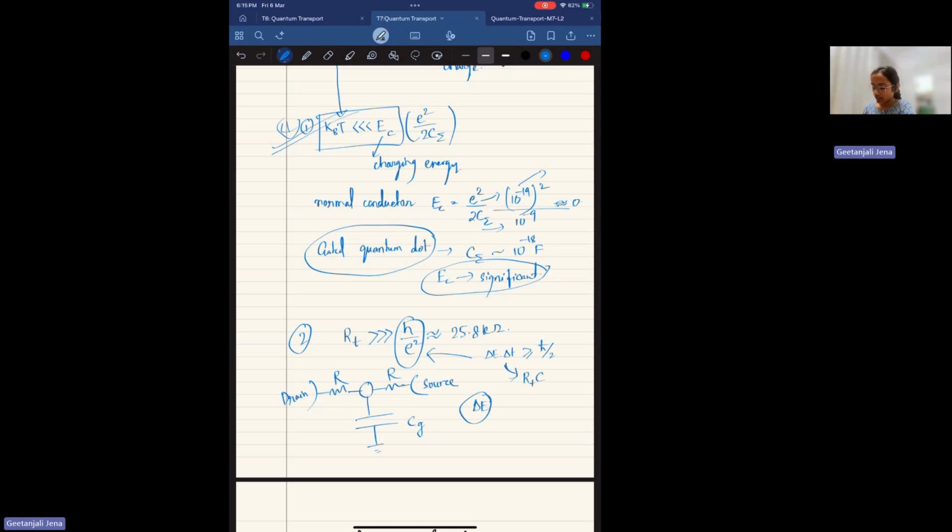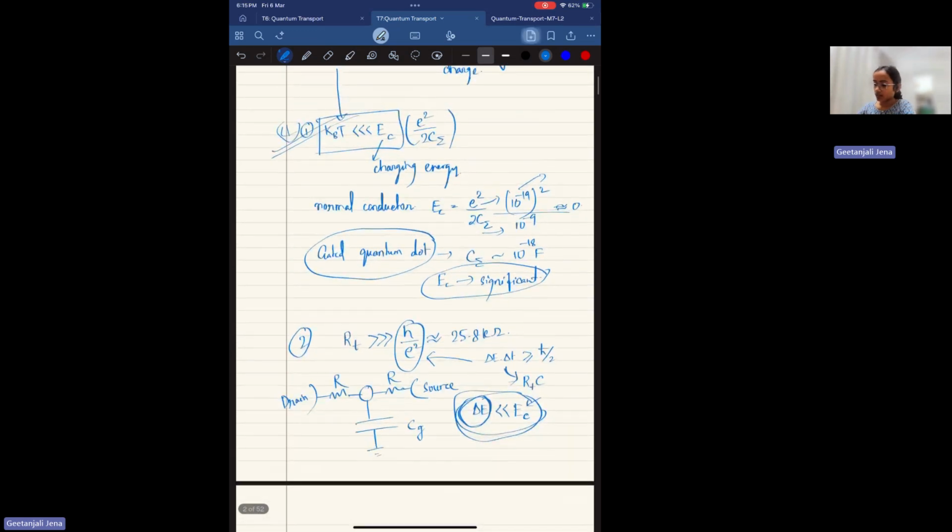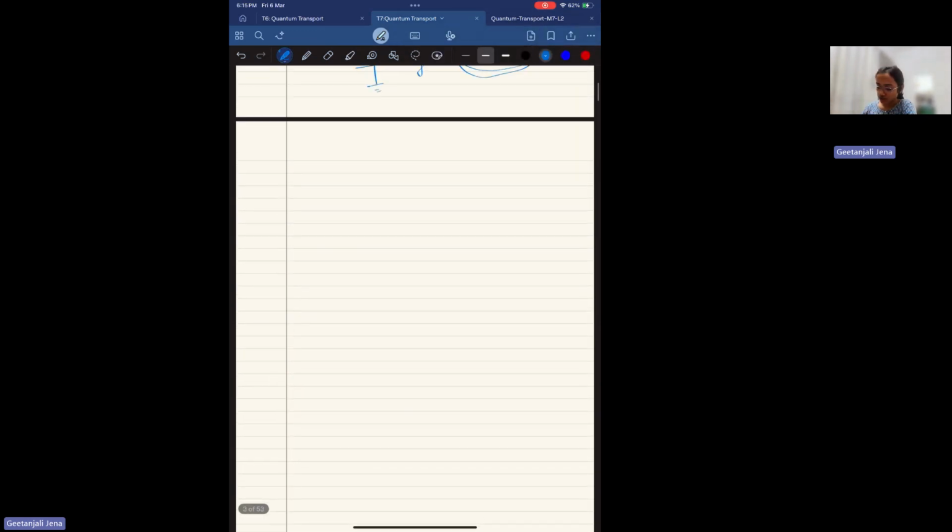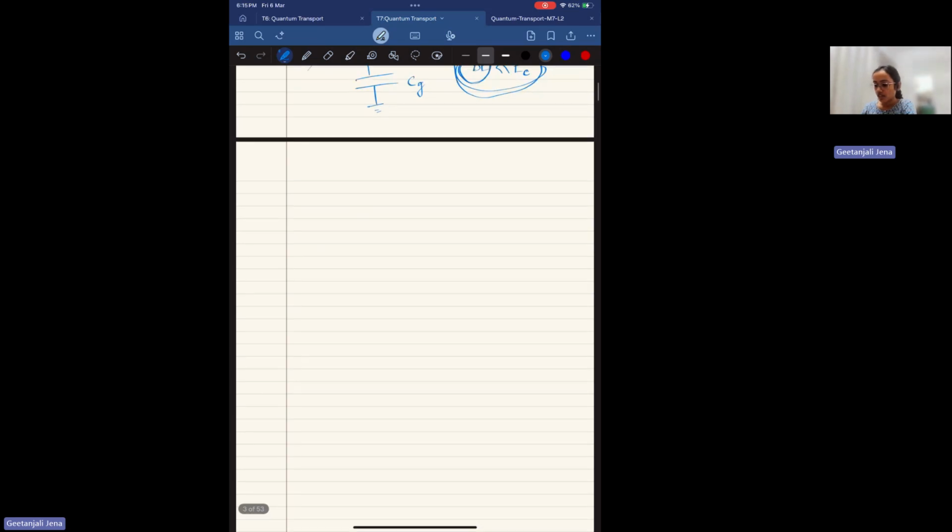This uncertainty in energy should be much less than EC, the charging energy. Then, even though there is a spread due to this uncertainty in energy, if this condition is satisfied, we will see a Coulomb blockade effect. From this condition, we get that the tunnel resistance RT should be much greater than the quantum resistance.